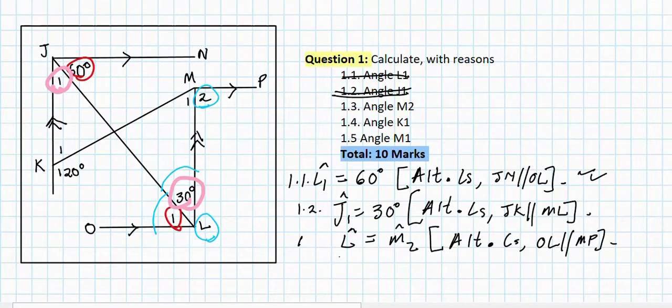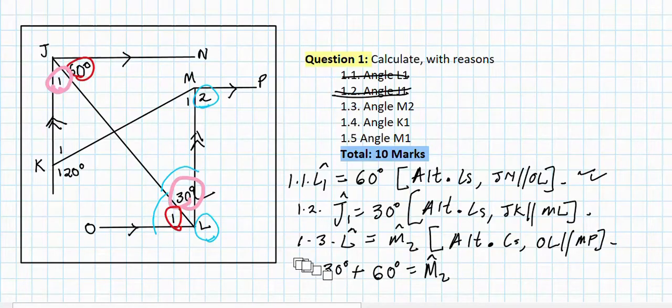But then what makes up angle L? Angle L is made up of two angles. First, we have the 30 degree angle. Here's the 30 degree. We also have angle L1, but we already found L1. On question 1.1, we said L1 is equal to 60 degrees. So here I'm going to say plus 60 degrees is equal to angle M2. We don't need to provide a reason again, we already gave the reason.